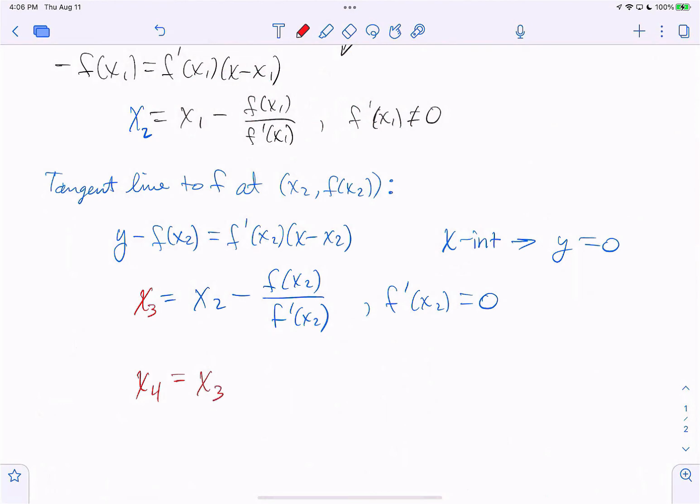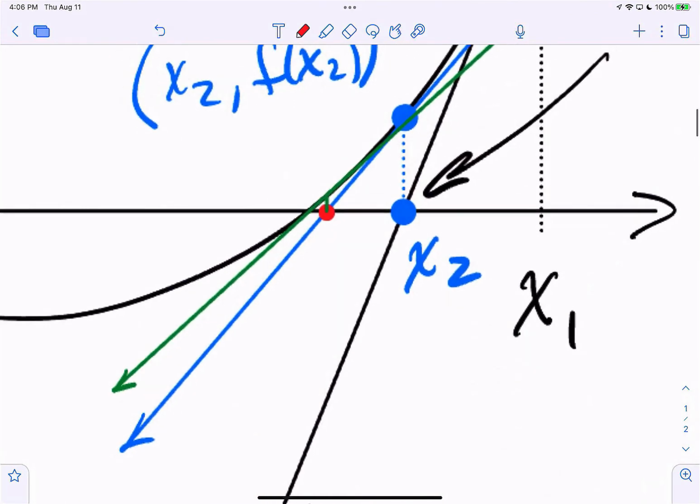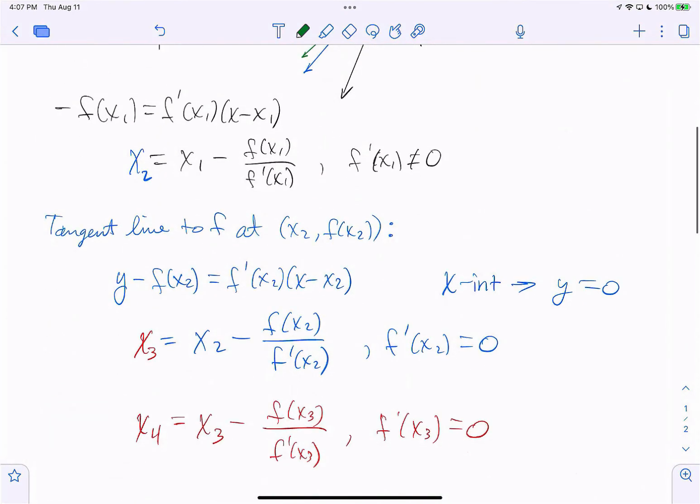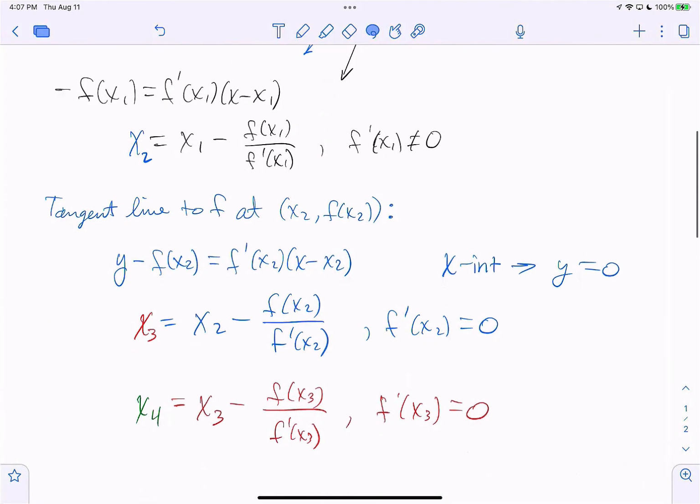So we would say x3 minus f of x3 divided by f prime of x3, again, provided that f prime of x3 isn't 0. And this value here is the one that I'm calling x4.